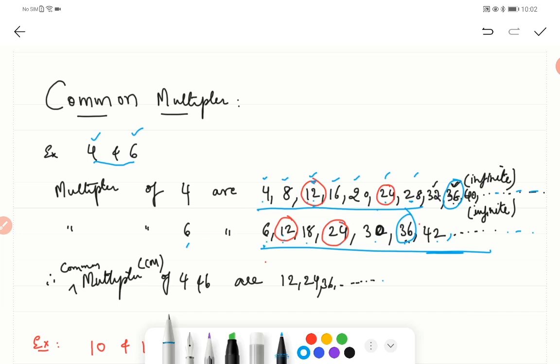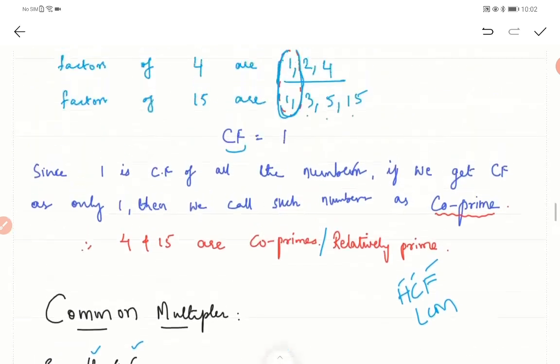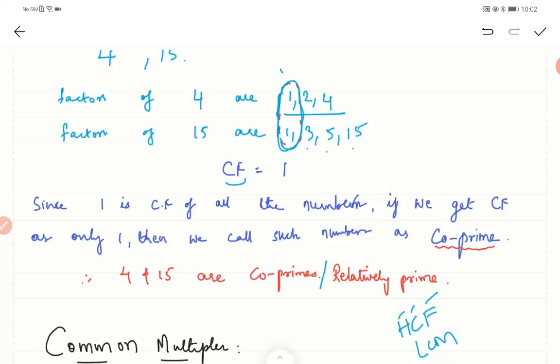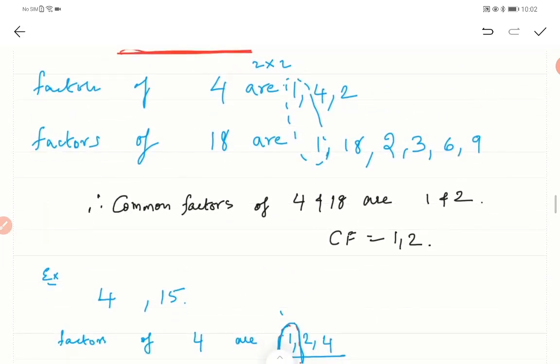We have a procedure to do that later in the next section of your unit. You have LCM, that is least common multiple, and HCF, that is highest common factor. You have common factors here as only 1, so the highest common factor will be 1. Sometimes you will have 1 and 2.